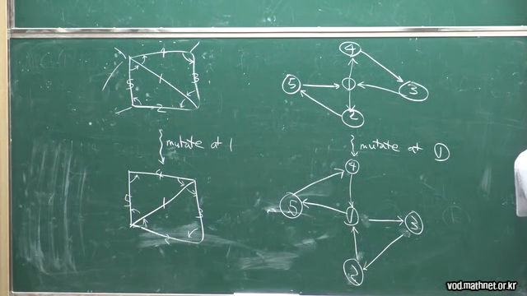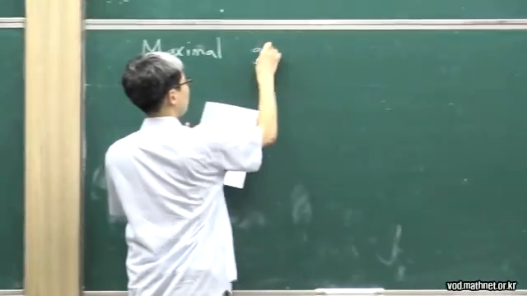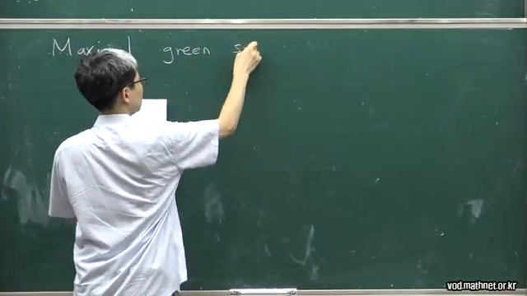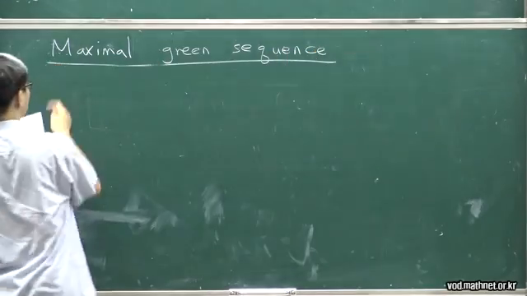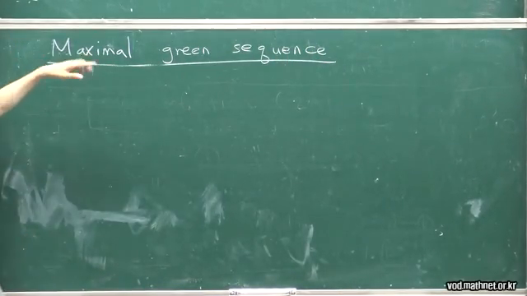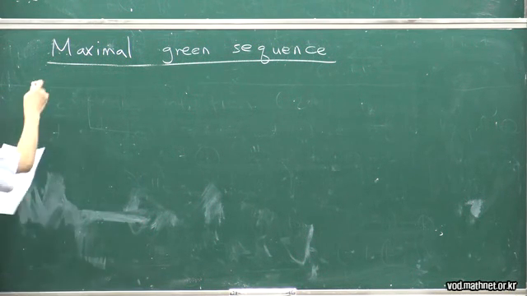Okay, and then let me move on to the topic that I'm really interested in: maximal green sequences. It will be a particular sequence of mutations. And I'm going to define this.